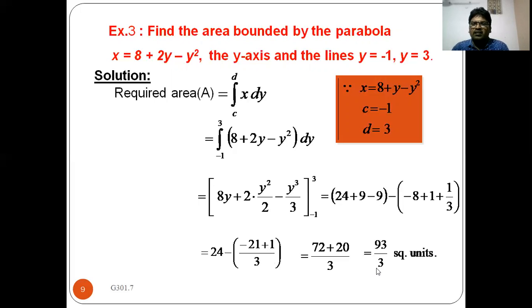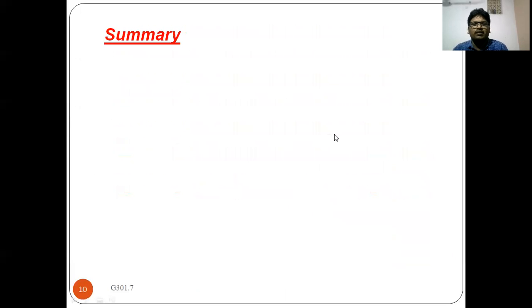This is the required area of the given curve within the limits c equal to minus 1 and d equal to 3. We have to find it like this for any given problem. This one is about the y-axis, and the previous problem was about the x-axis. Right. Next.